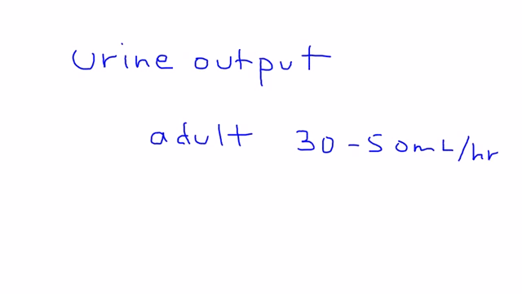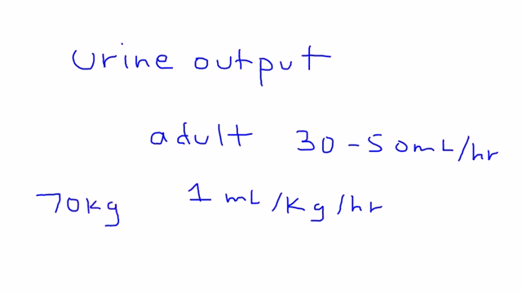If you really want to use a formula, you can use 1 milliliter per kg per hour. So for example, if you have a 70 kg man, he should have about 70 mLs per hour of urine. That would be great. But even 30 to 50 would be enough.